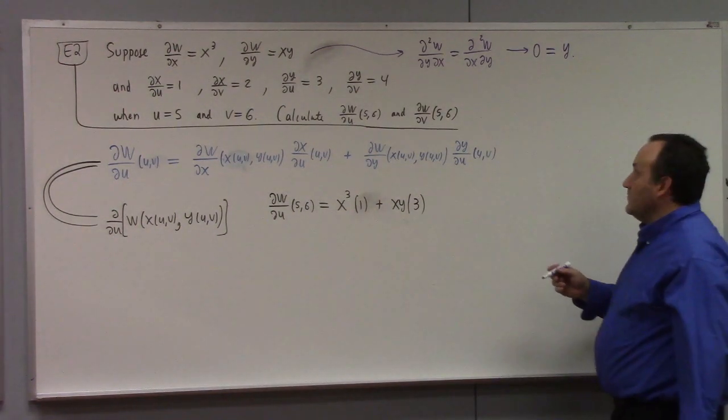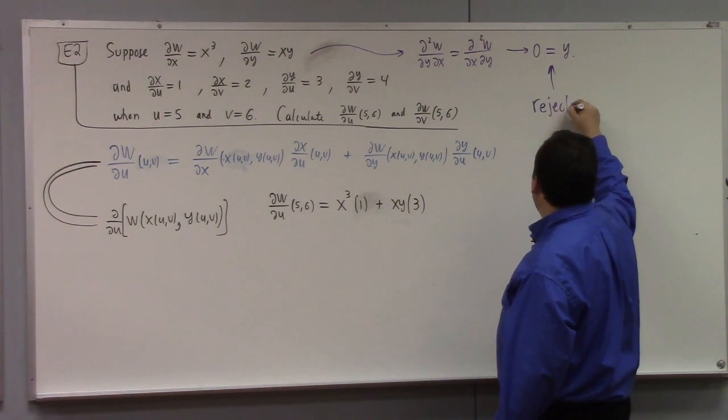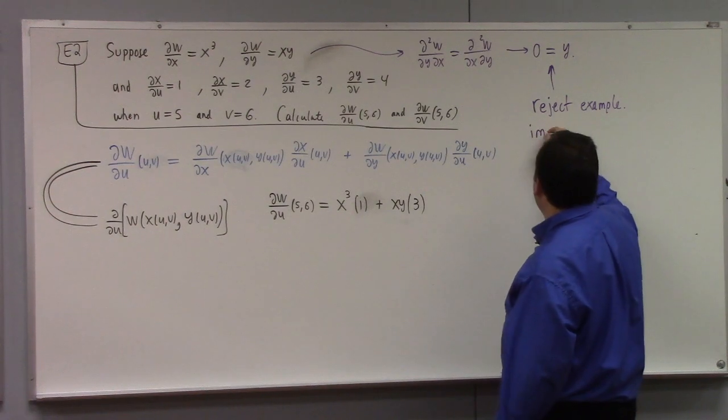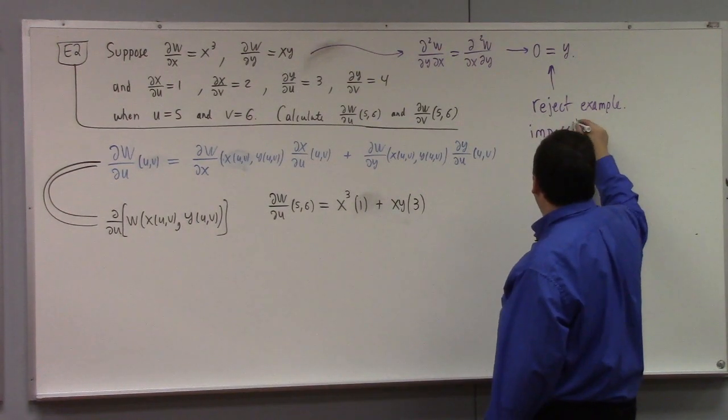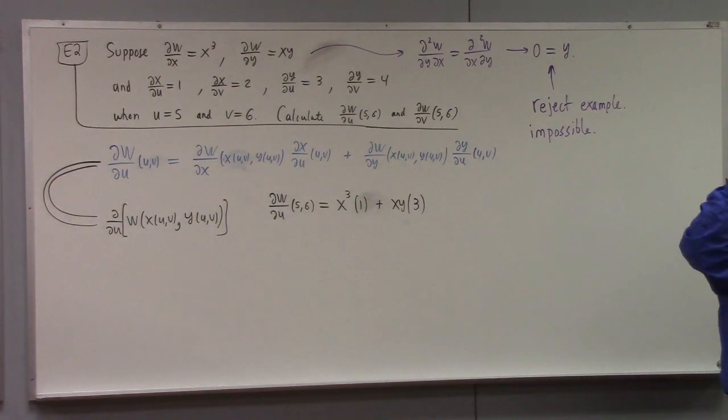So we say we reject this example. Impossible. Right? If I give you a test question, and you find convincing proof that my problem is impossible, you should say this is impossible, and then you should come and tell me immediately.